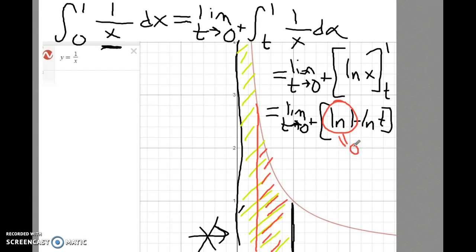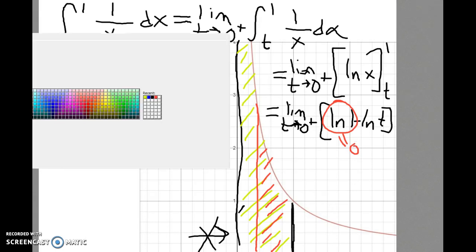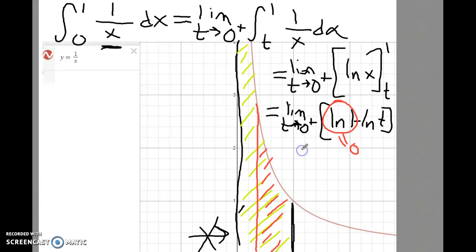When you take the limit of a constant, it's just equal to that constant. So you don't really have to write the limit in front of the expression where you're actually plugging in a number. So that's just 0 for natural log of 1. We only apply the limit to the expression that involves t. So that's the limit as t approaches 0 from the right of natural log of t.